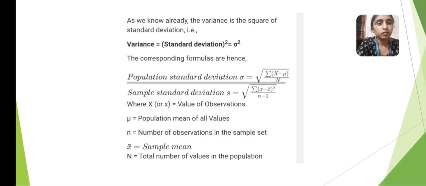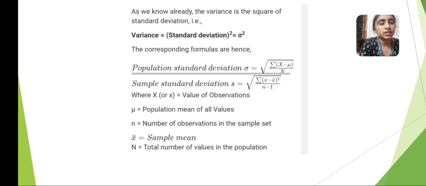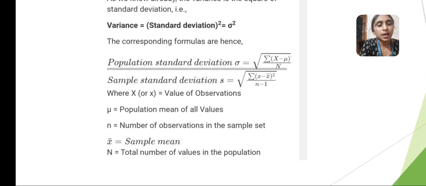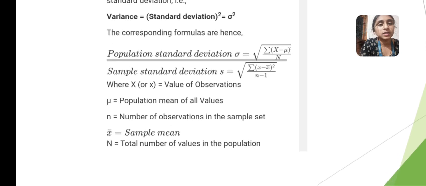The corresponding formula is population standard deviation sigma equals under root summation of (x minus mu) whole square by N, and sample standard deviation is under root summation of (x minus x bar) whole square by N minus 1, where x is denoted as value of observation, mu is the population mean of all the values, N is the number of observations in the sample set, and x bar is the sample mean.